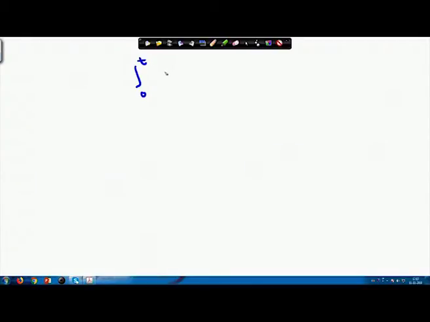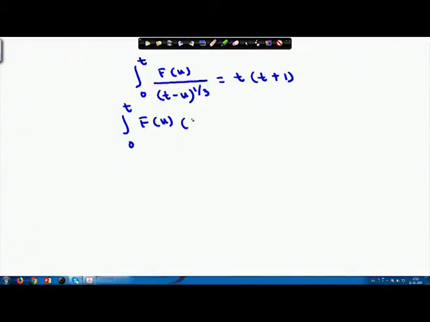I can write it as ∫₀ᵗ f(u)(t−u)^(−1/3) du = t(t+1), and this is nothing but the convolution case.